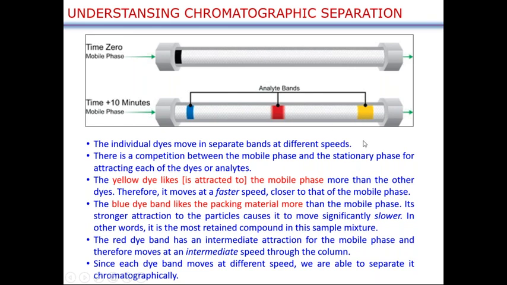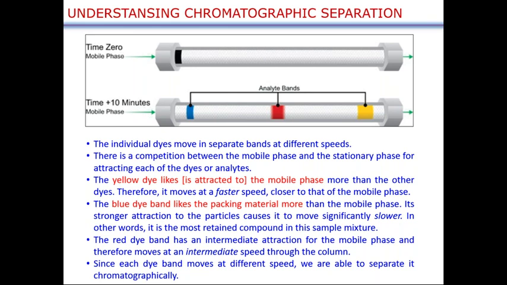Here in this figure, the yellow dye is attracted more to the solvent or the mobile phase rather than the stationary phase, and so therefore it moves faster and closer along with the mobile phase. On the other hand, the blue dye over here has a little attraction for the mobile phase, but has more attraction for the stationary phase or the column packing.